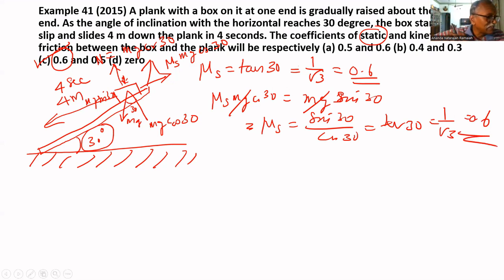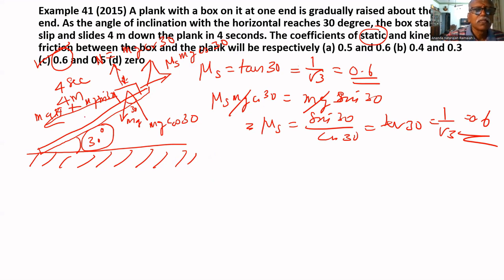Dynamic friction we have to find. To find the dynamic friction, a force comes into picture, a downward force, plus ma, mass into acceleration, force F. So that ma comes into picture.